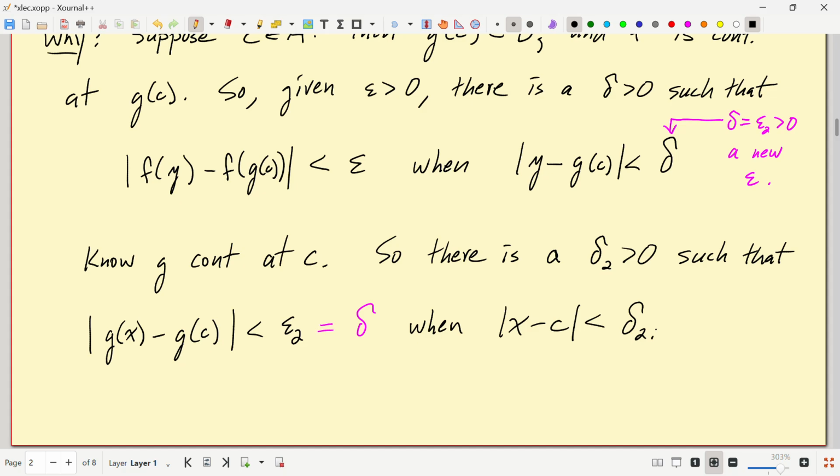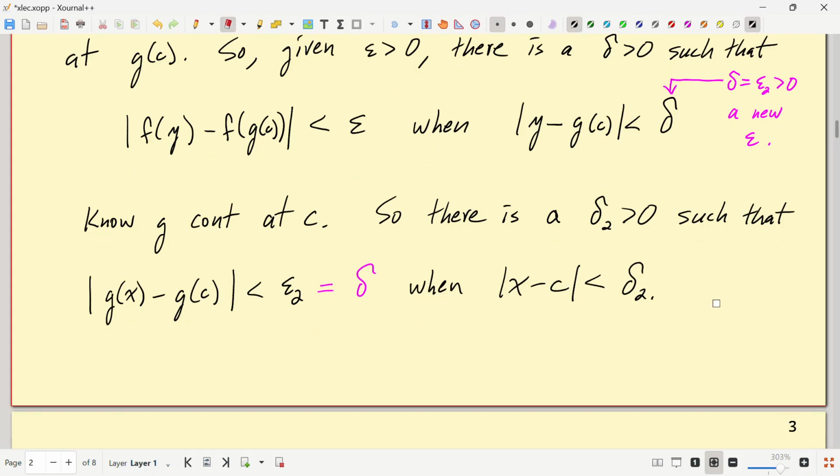And so if you go backwards and piece it all together, I'm going to let y be equal to g of x, and go backwards.